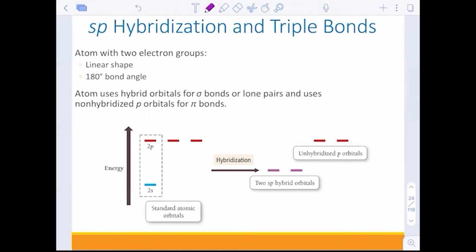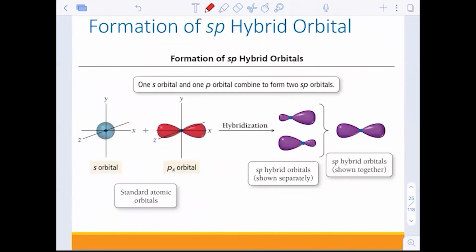So with sp hybridization, we see that linear shape, 2 electron groups, 2 atomic orbitals are needed to make 2 hybridized orbitals. And so we'll have 2 sigma bonds and 2 pi bonds along that central atom. That formation of the hybrid orbital is 50% s, 50% p.